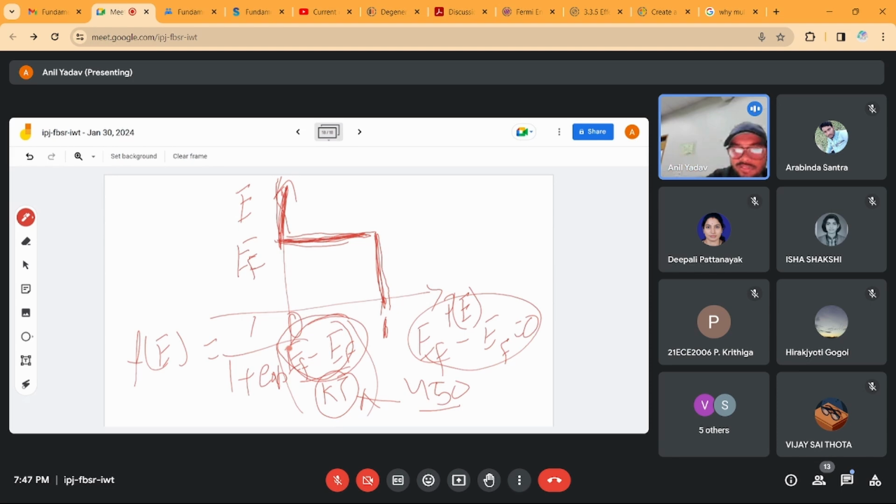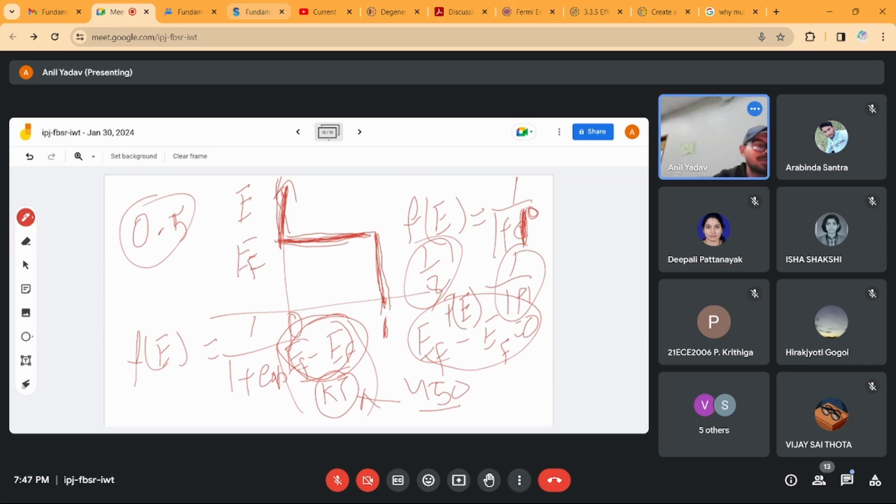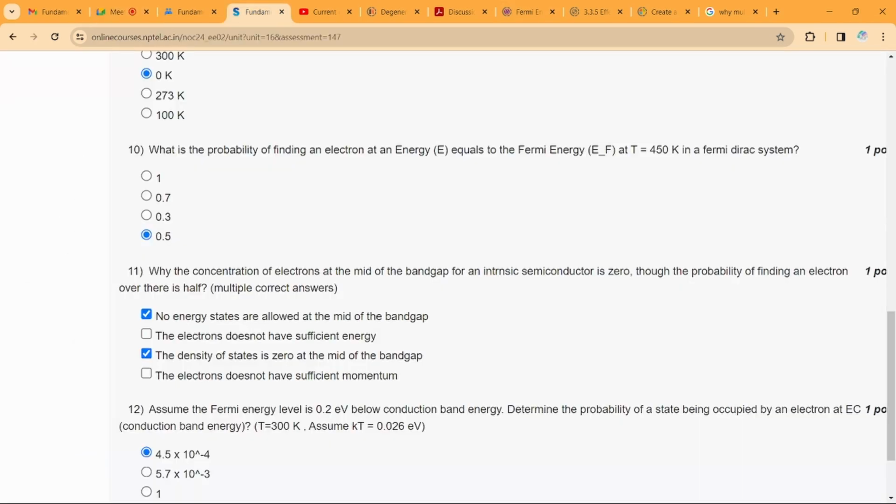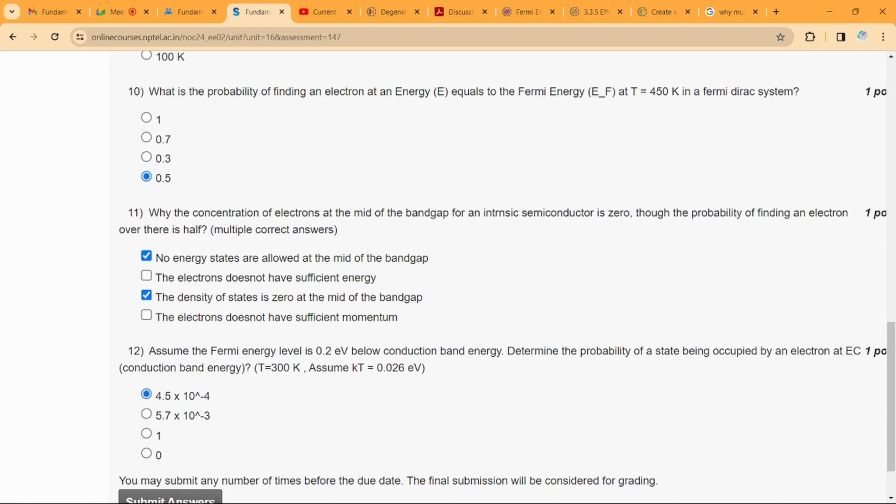0 divided by something is 0. So exponential of 0 is 1. F of E is equal to 1 over 1 plus e raised to power 0, so 1 over 1 plus 1 is equal to 1 by 2. The probability of finding an electron at the Fermi level at 450 Kelvin is 0.5.